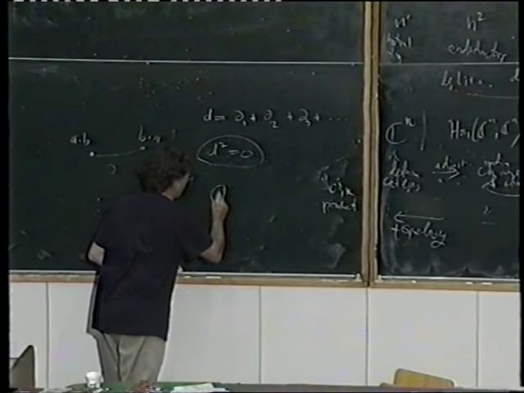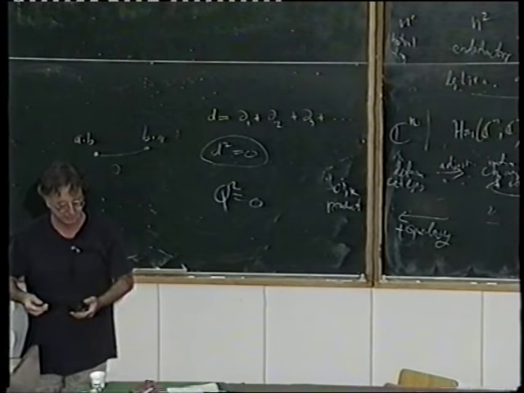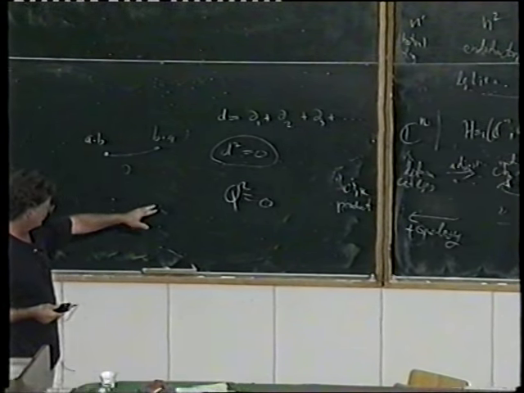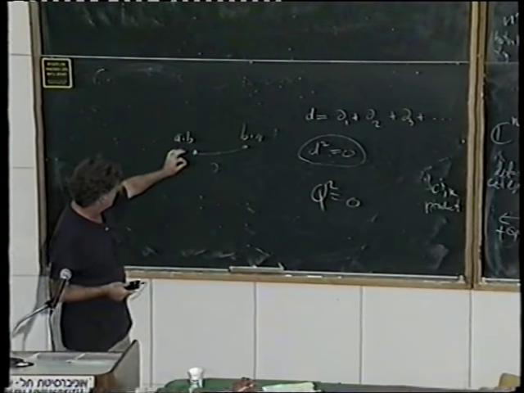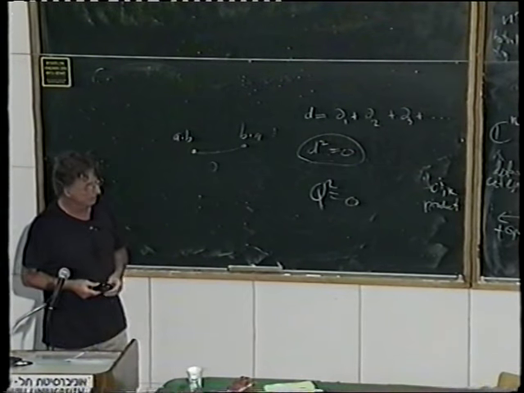Well, he was calling it q squared is equal to 0. And I find this quite remarkable that this is possible, because the information in this is quite complicated. It corresponds to something very intuitive of corrections and corrections upon corrections.